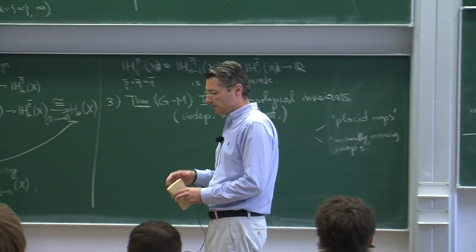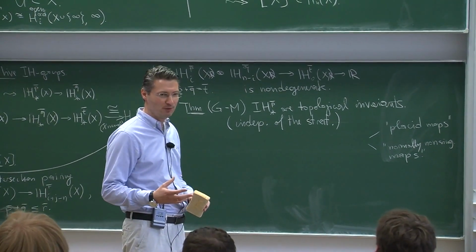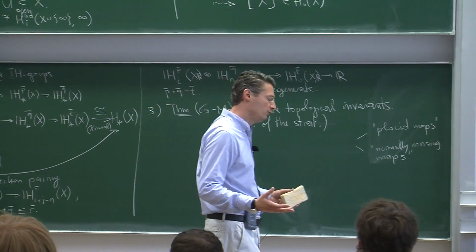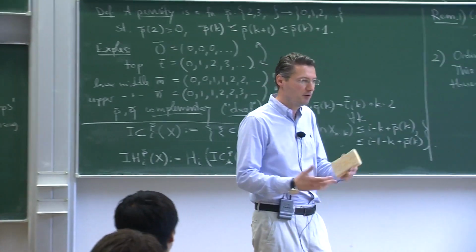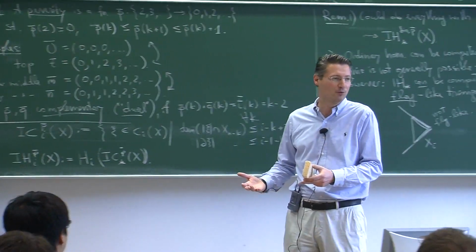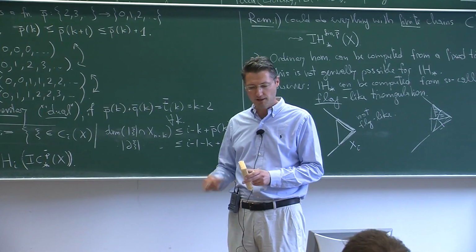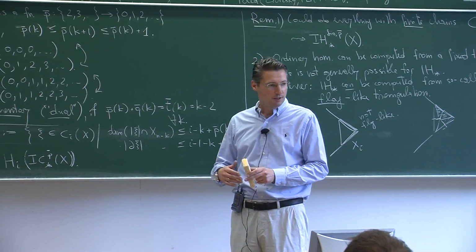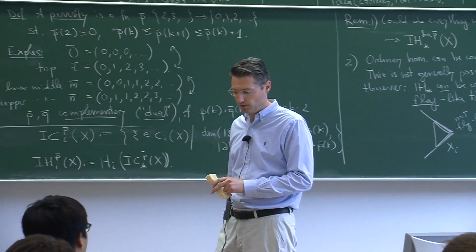I mean, even in the compact setting, it's not a homotopy invariant. You may, of course, say, well, but you're using Borel-Moore chains, and you just told us anyway that that's not even for manifolds a homotopy invariant, so that's not a big surprise. But that's not what I mean. I mean, even for compact spaces, or if you use finite chains, even then intersection homology is not a homotopy invariant.